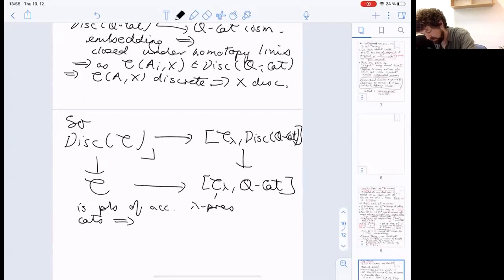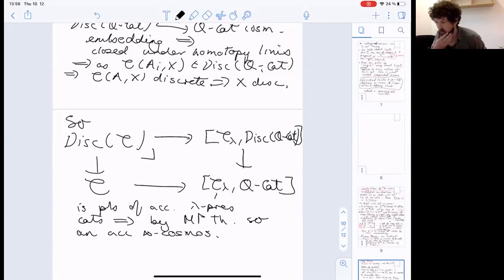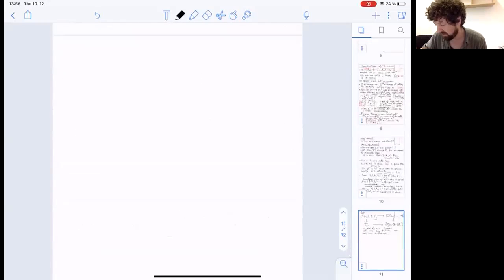And then you can apply the Mackay-Pare theorem. So it's an accessible infinity cosmos. And so what the homotopy colimit condition enables us to do is to reduce representable types of definitions from representations with a large collection of objects to a small one, and then to describe these categories as pullbacks and apply and deduce their accessibility that way. So you can do something similar in spirit for the Raris, and yeah, that's the idea of that.